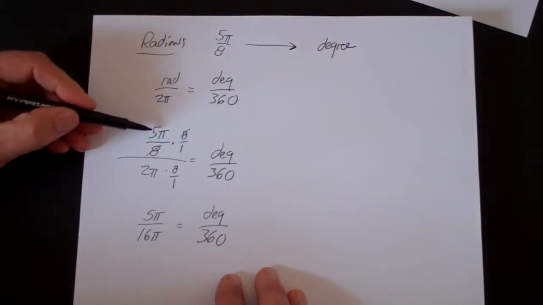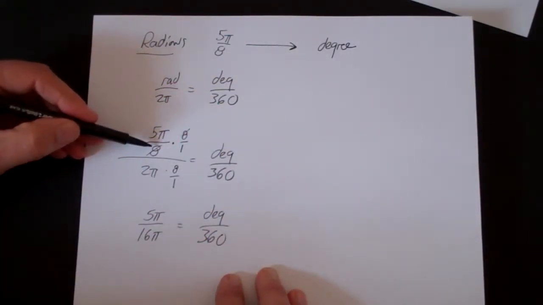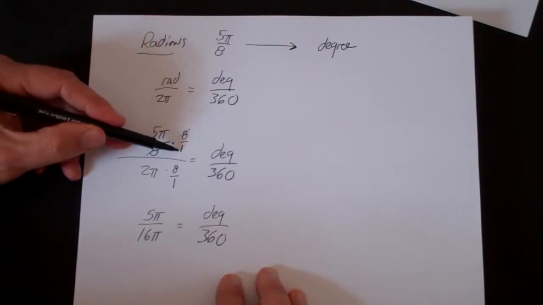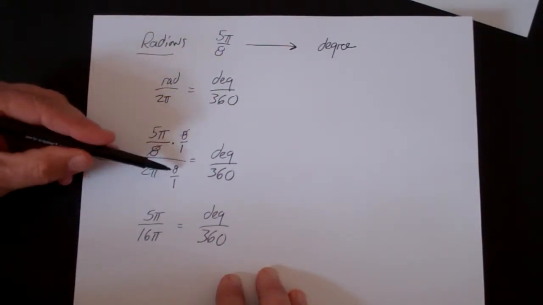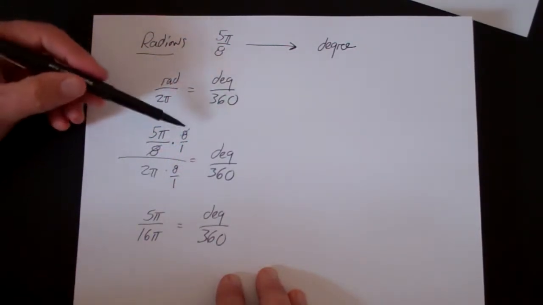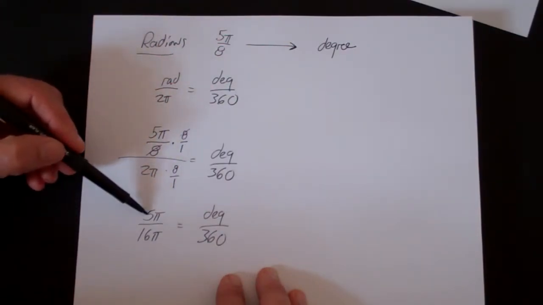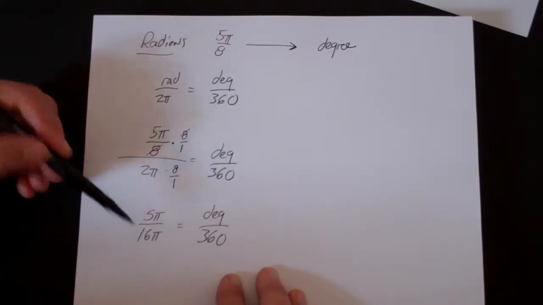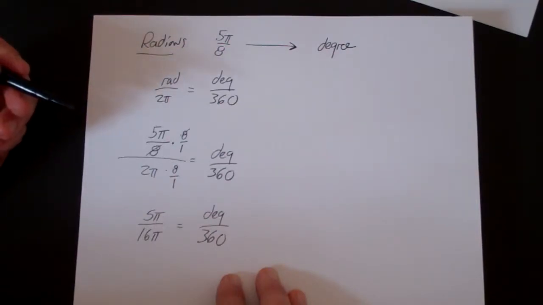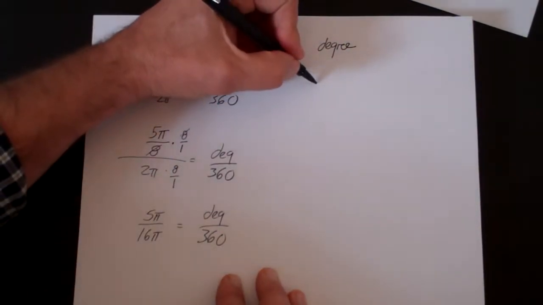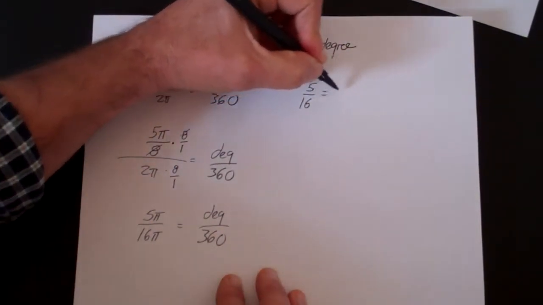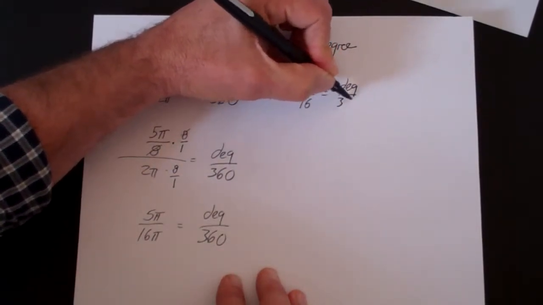You get 5 pi over 1, which is 5 pi, and 16 pi over 1, which is 16 pi. Notice there's a pi in both of them, so you get 5/16 is equal to degrees over 360.